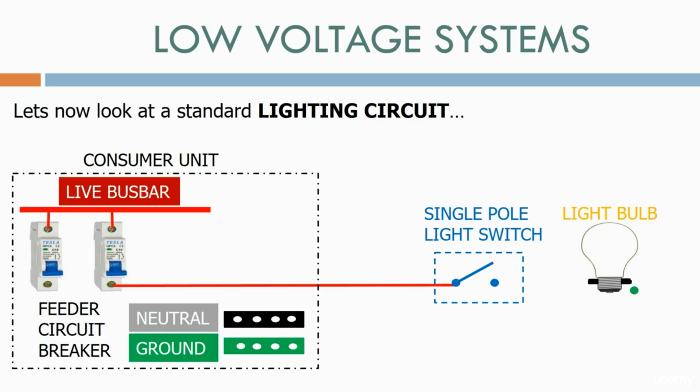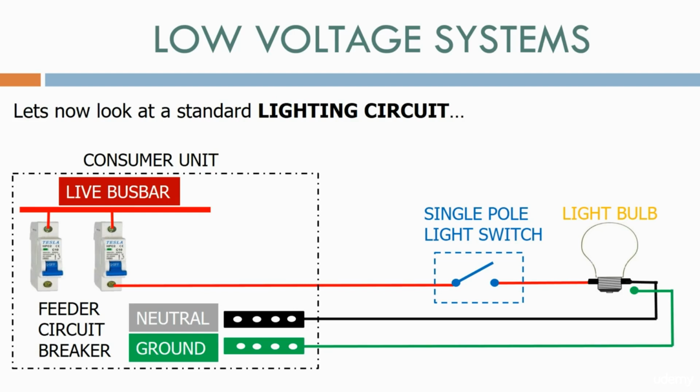We connect a live wire from the feeder breaker to the single pole light switch. We then connect the live of the light switch to the light bulb. And finally, we take the neutral back to the neutral terminal strip and the ground back to the ground terminal strip.